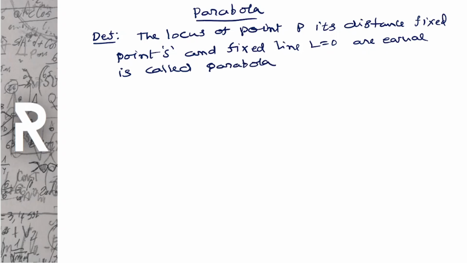Okay. This is S. This is L. Equidistant points, some points adjust equally distant. All these points together give the parabola. The collection of all points joined together gives the diagram of the parabola.